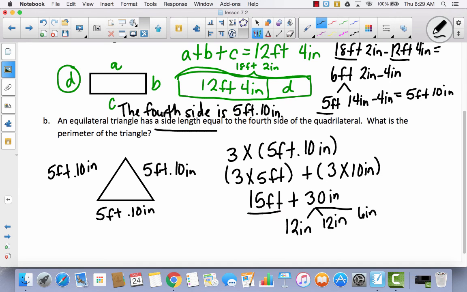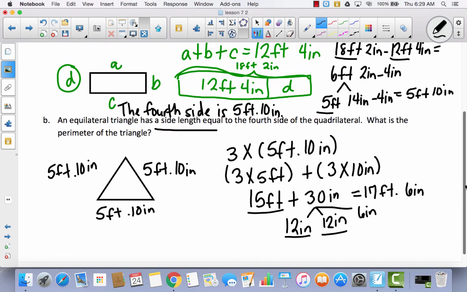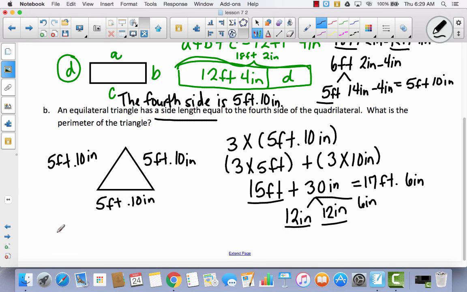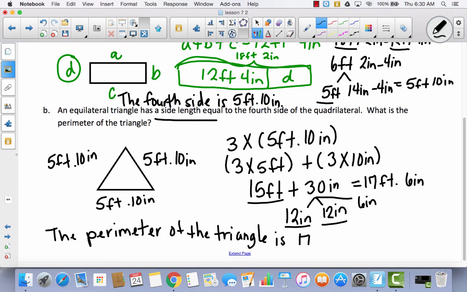So this will give me 15 feet, 16, 17, so that's 17 feet, 6 inches. So now I'm ready to answer the question. The perimeter of the triangle is 17 feet, 6 inches.